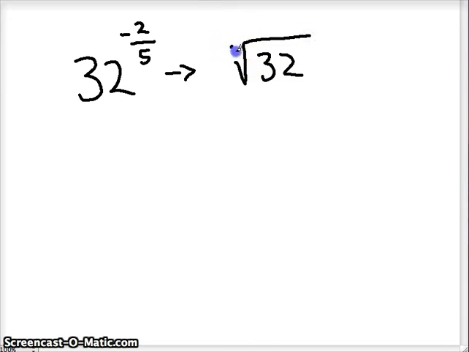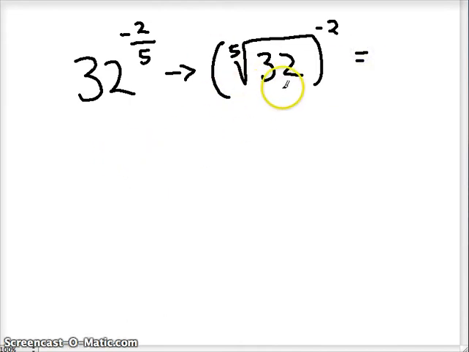We're taking the 5th root of that, and we are doing the opposite of squaring it, taking a negative 2 power. So same properties of our exponents apply, and I'll show you exactly what to do with that in a second, but I think we can simplify the 5th root of 32 first, so we might as well do that.